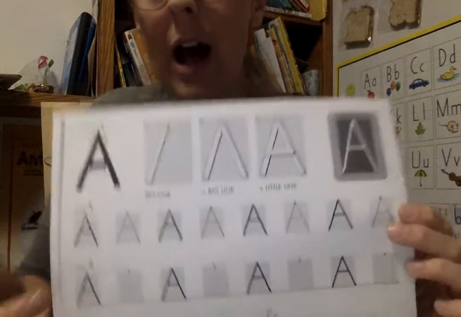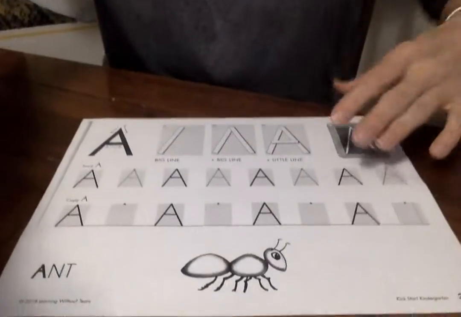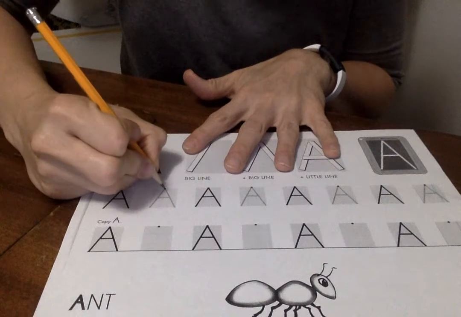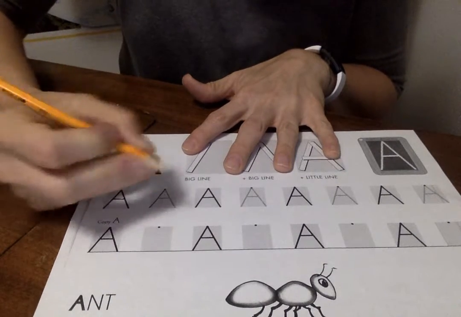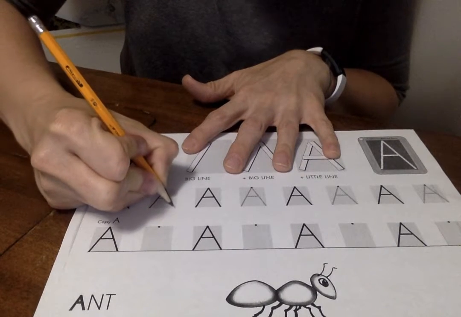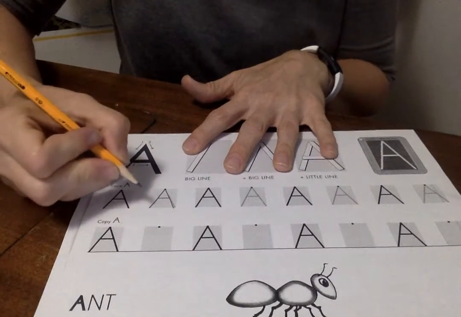I think most of you know how to write the letter A, but let me show you some tricks. Again, like I said, we want to start in the middle. Big line down, come back to the top, big line down, and then that little line across the middle.